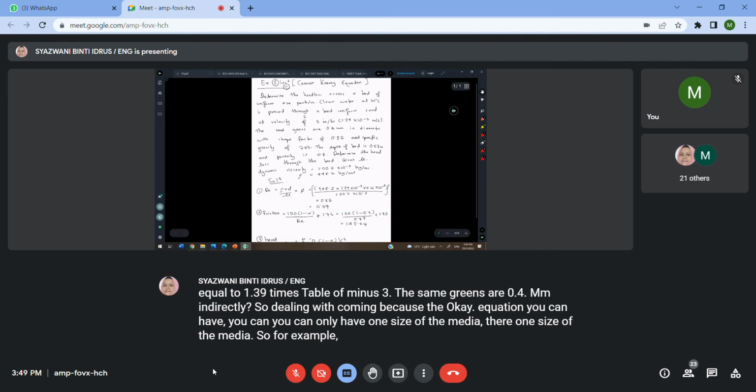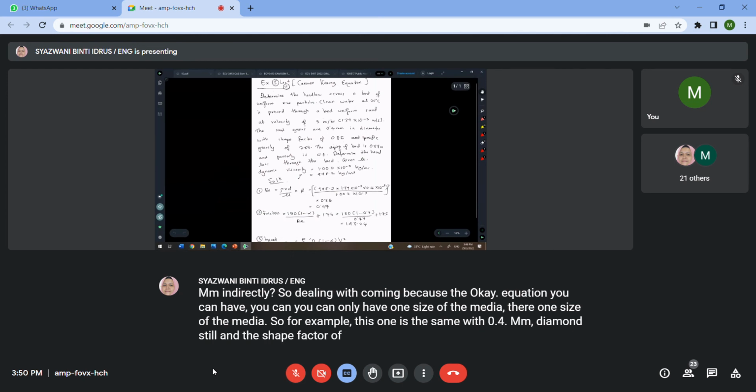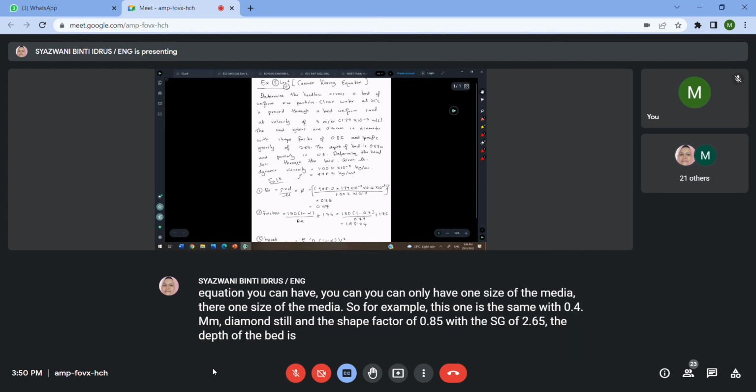For example, this sand has a 0.4 mm diameter and a shape factor of 0.85 with an SG of 2.65. The depth of the bed is 0.67 meters with a porosity of 0.4.